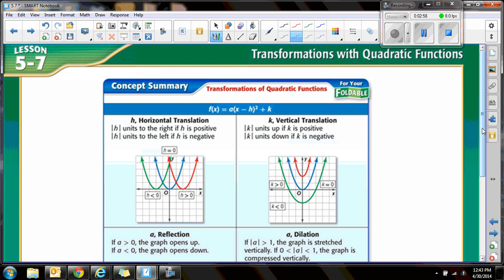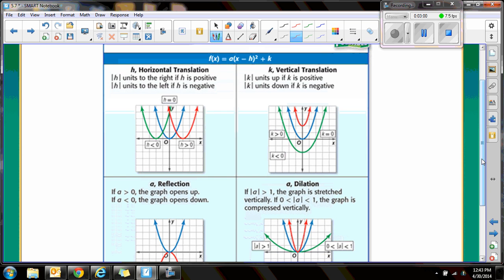Now, again, I mentioned this a couple minutes ago. The reason why we solve for this is it makes graphing a little bit easier. It makes it easier to see where the parabola is going to lie. So if we take a quick look here at this chart, h, k was the vertex. And what's nice about knowing the vertex is that it's simply a translation.